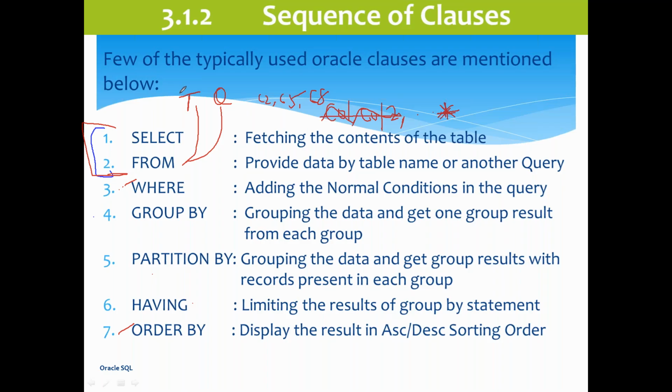If we are taking the data from one table, then the table name can be mentioned. If we are taking the data from some query, then one query needs to be written after from, and that should be mentioned within parentheses. So one is table, another is query, and another is an alias name.